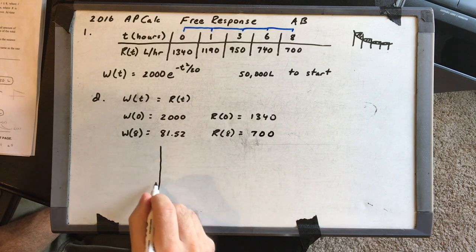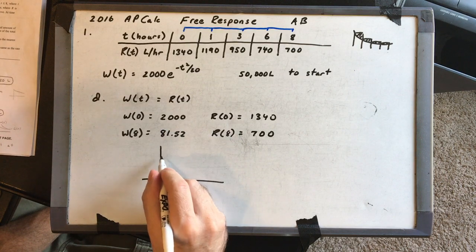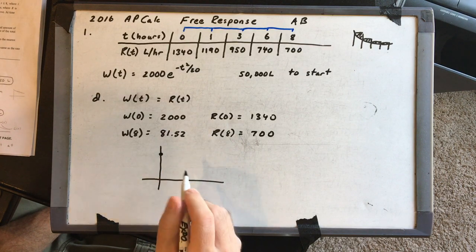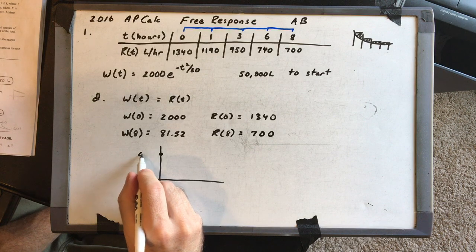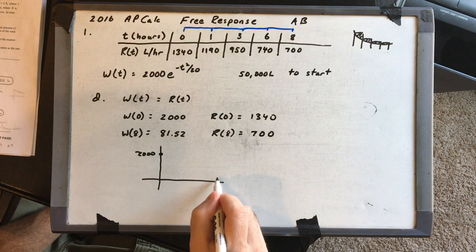So if we were to plot this, W of 0 at time 0, we'd have 2,000. And at time 8, we're all the way down to like 81.